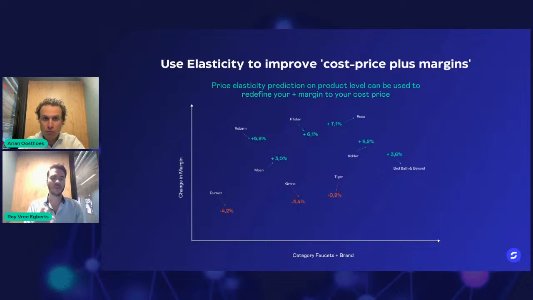Then you can shuffle around based upon the elasticity analysis with your cost-based plus percentages and your markup percentages. So for some of the products we increased them, and for some we decreased them, and this was the new output. This is another easy way of applying elasticity as an enhancement on your current cost-based plus. You're just using the analysis, not adjusting your strategy, only changing the output of your strategy.